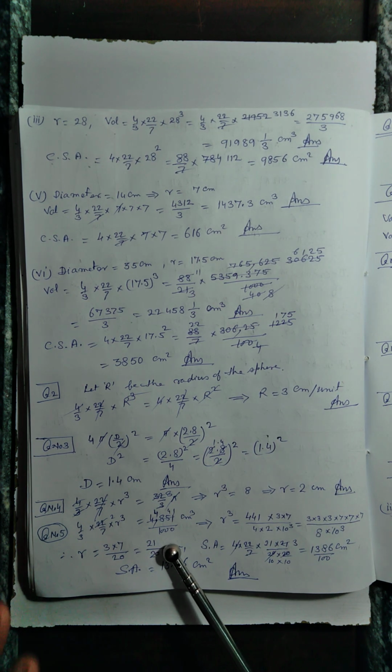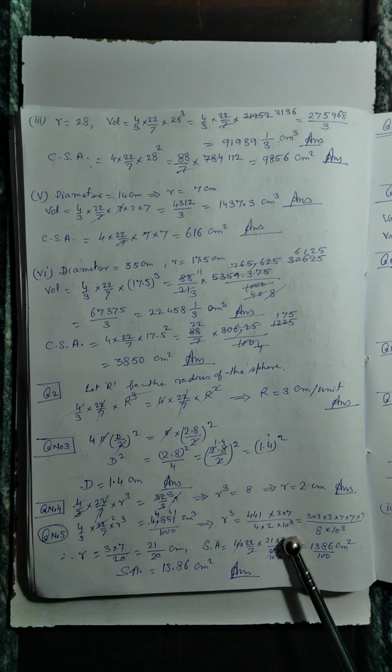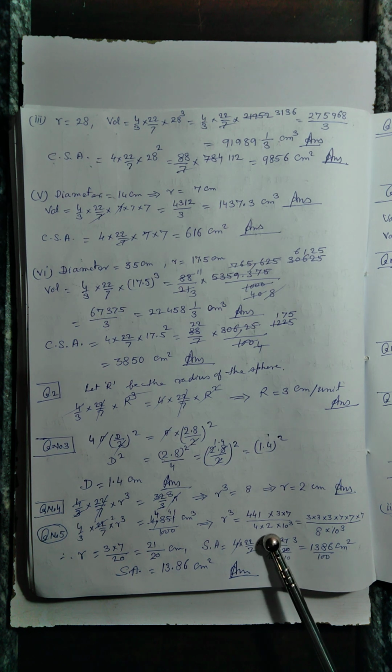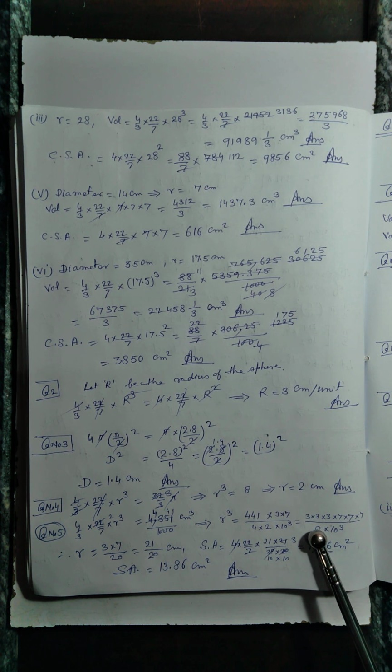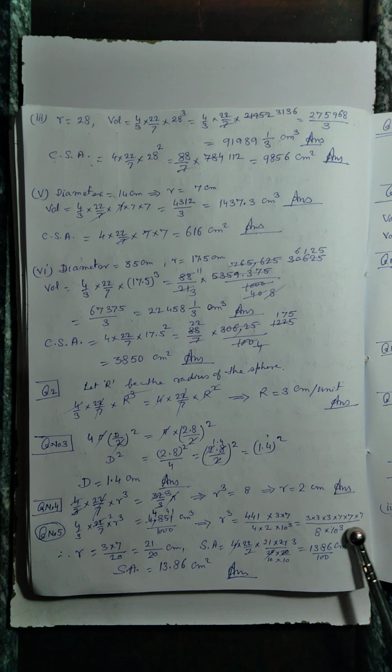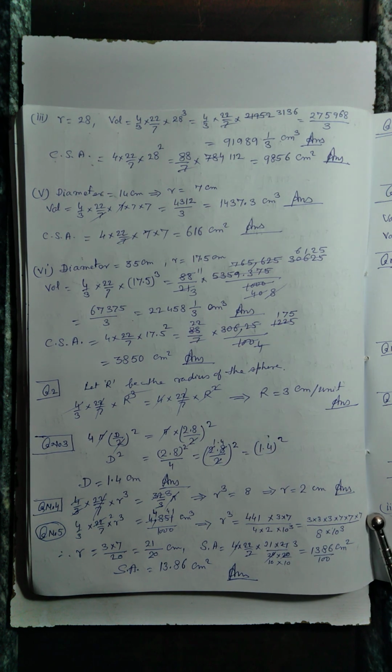Here it is 1000, I have written 1000 as 10 raised to power 3. So this 441 can be further prime factorized. That is 3 into 3 into 3 into 7 into 7 into 7.